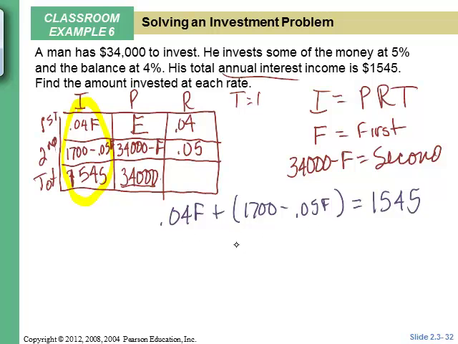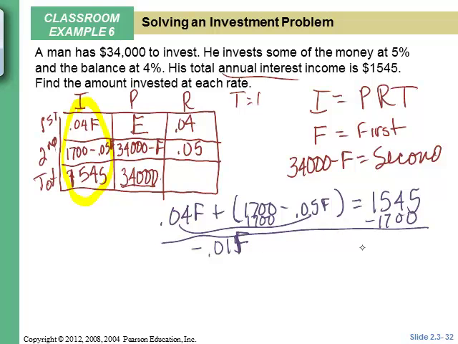If you notice here, we can combine these two and we get negative 0.01 F, and then subtract 1,700 from both sides, equals negative 155. Divide both sides by negative 0.01.